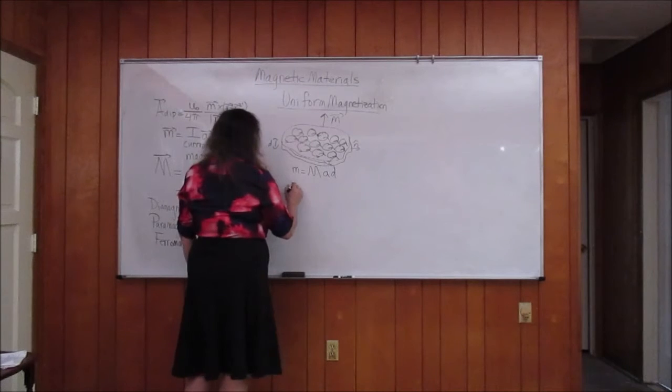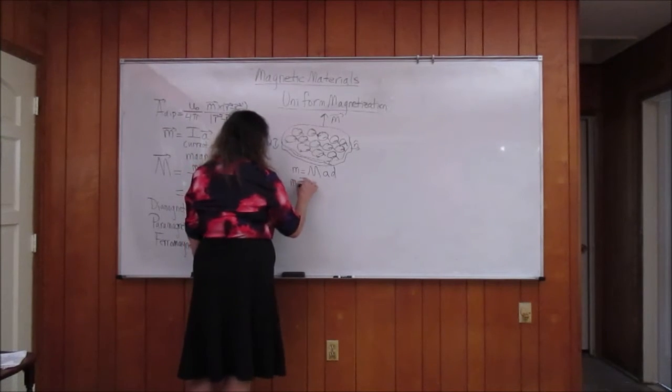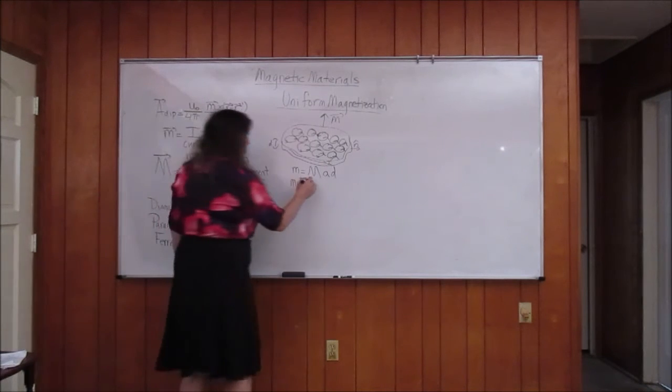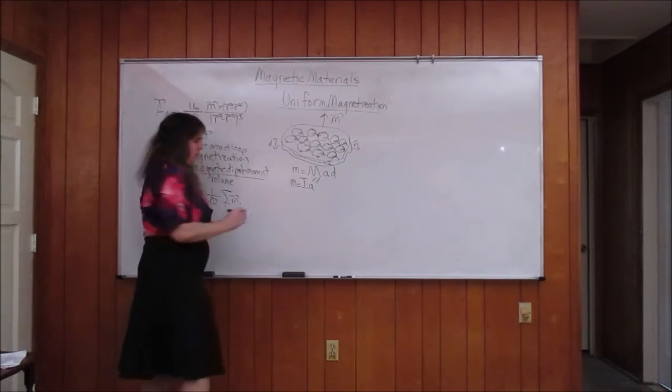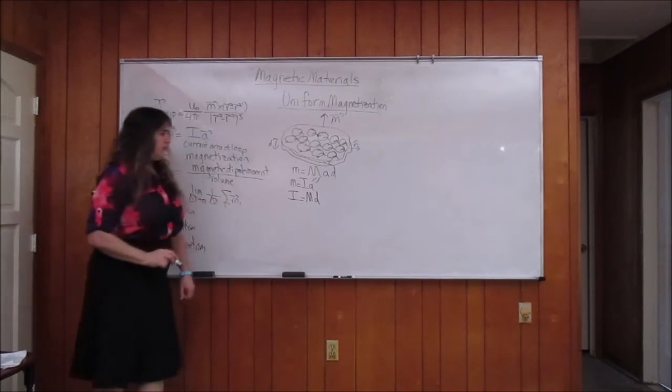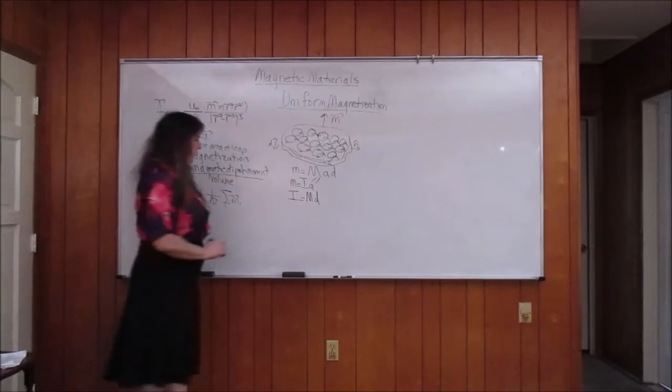But it is also true that your dipole moment is equal to the current times the area. Setting these two sides equal to each other, the current is equal to the magnetization times the thickness.